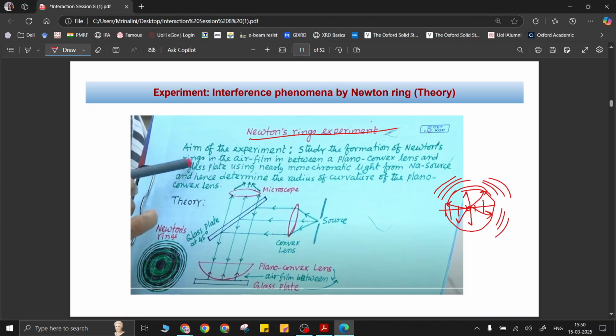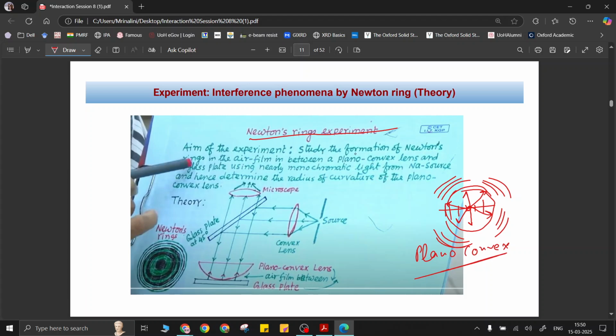That's why we see these concentric circles, which we call dark and bright rings. For this particular experiment, where we use a plano convex lens, the rings that we get we call Newton's rings.